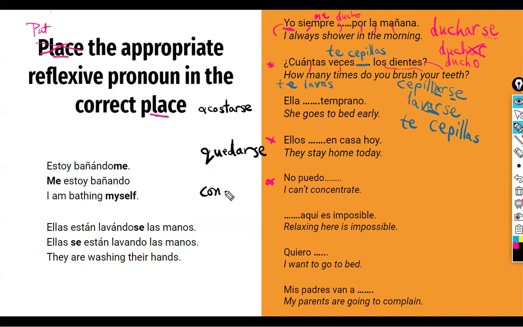Concentrate is concentrarse. Oh, okay. Acostar is stem changing. We haven't done stem changing yet, so if you tell me acosta, I understand why you're saying that. But the stem is really going to be acuest, and then you add your ending, right?